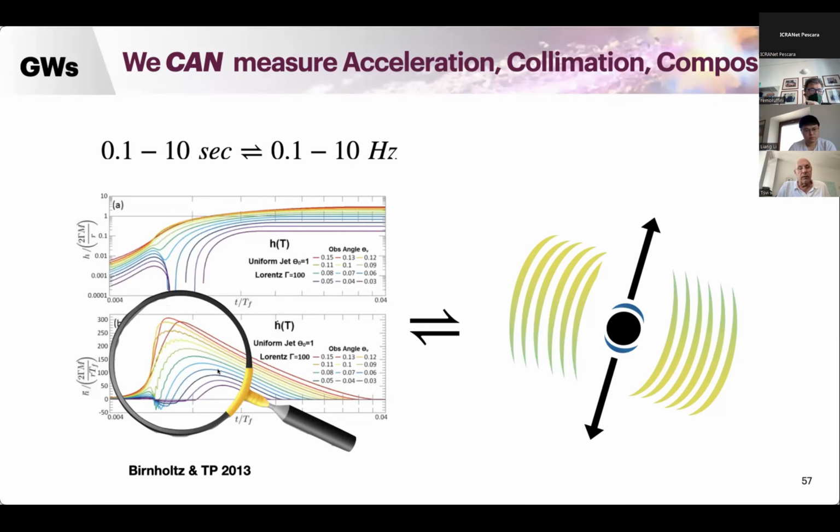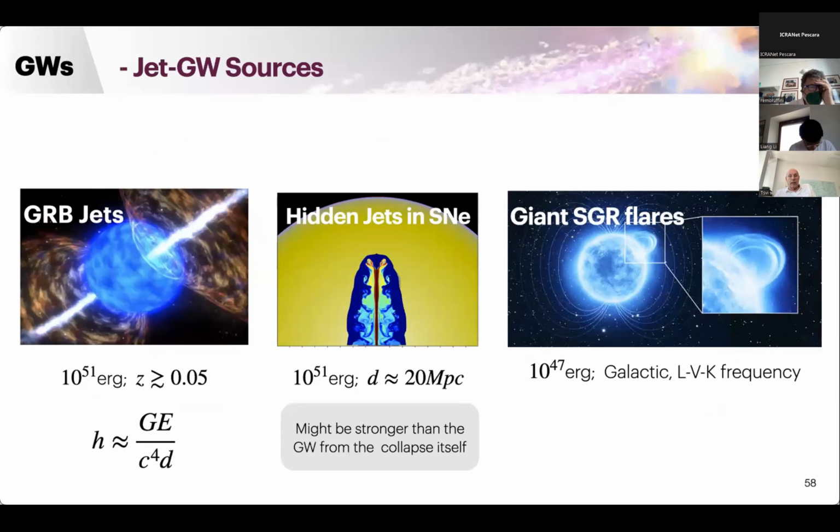So this is the kind of signal that we have to expect, with a frequency range of about 0.1 to 10 hertz, maybe slightly lower here. And maybe this was too optimistic, maybe 0.01 to 10 hertz. And the canonical objects are, of course, GRB jets.